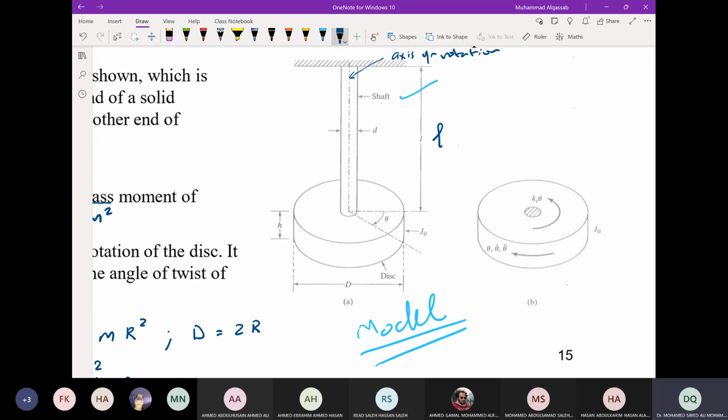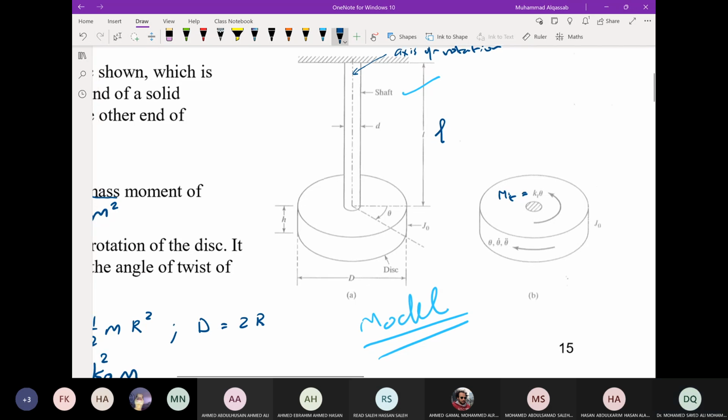The shaft torque is equal to Kt times theta, which we call Mt, equal to Kt times theta. So that's the only moment trying to restore the motion back to equilibrium, but the shaft is acting as a torsional spring, so this will keep oscillating.